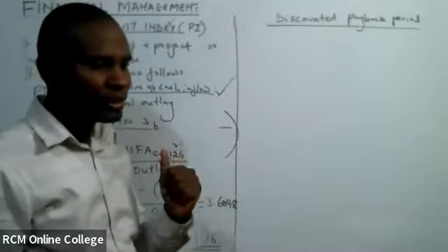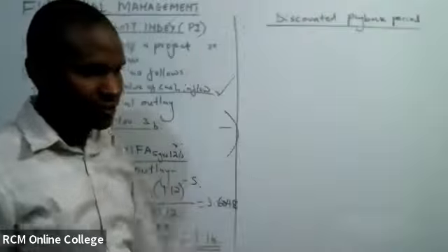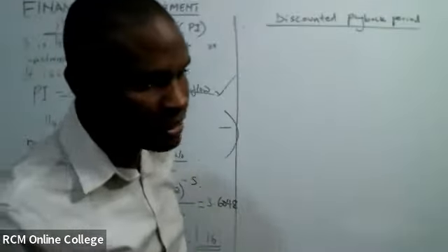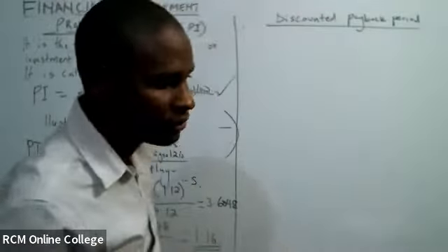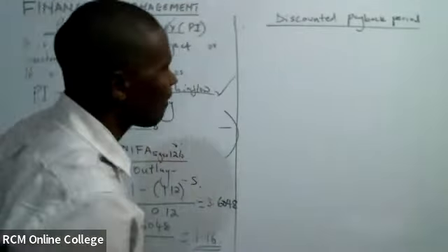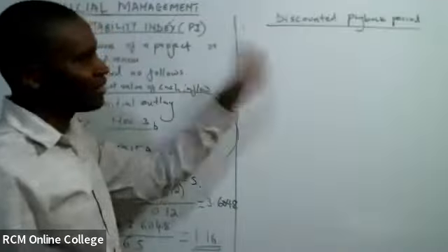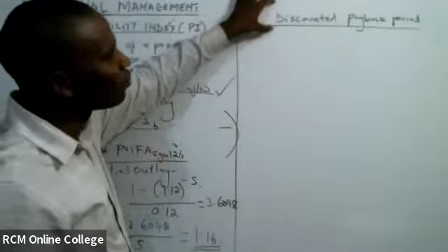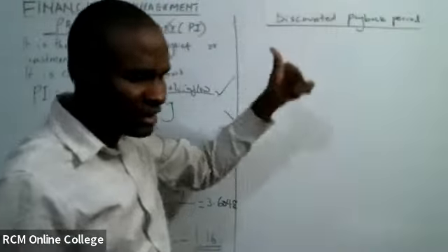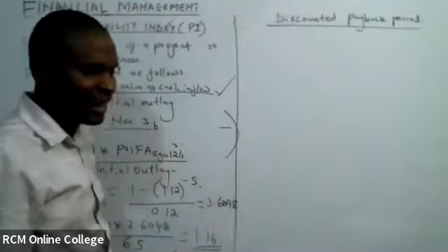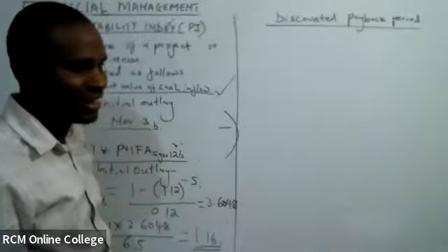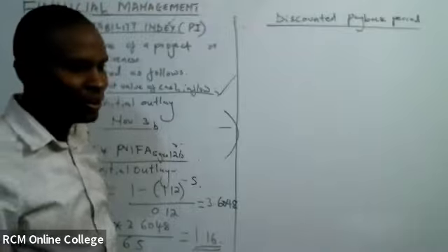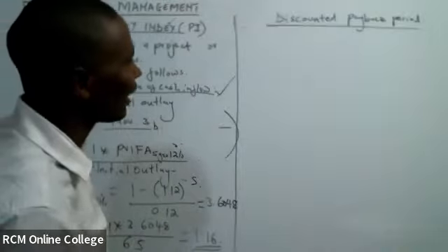How many years do we take to recover what we invested at the start? That is what we mean by the payback period. In this case, we just follow the formula that we had. The only thing is that we shall now discount the cash flow, removing it from being traditional to bringing it to modern.